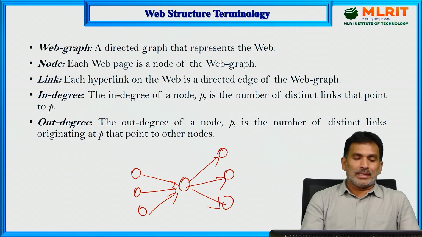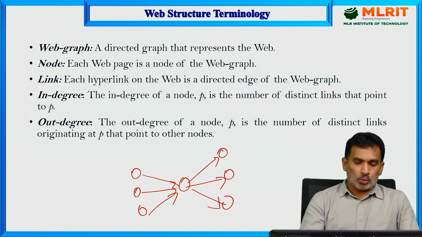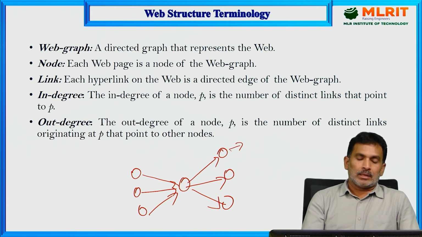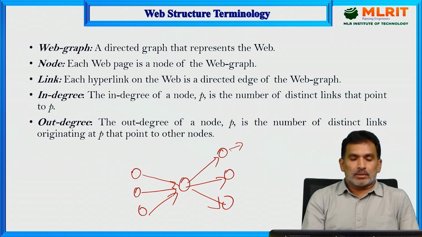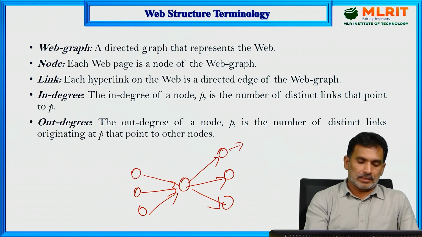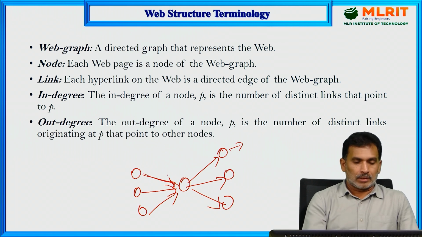Each web page is a node of the web graph, and these are the nodes. A link: each hyperlink on the web is a directed edge of the web graph. There is some direction, from this one to this one. So this is a link.